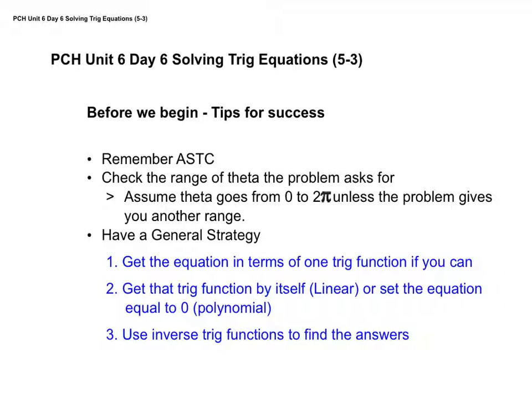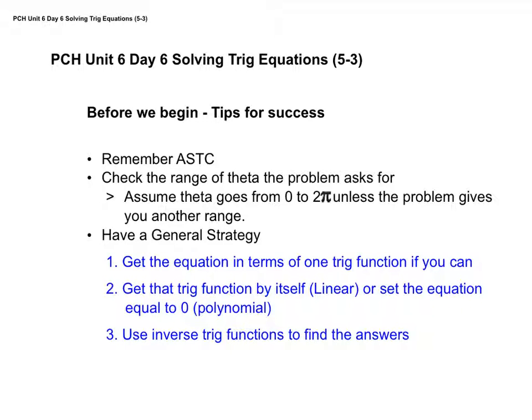The next thing is identifying what kind of equation you're dealing with. Are you dealing with a linear trig equation, or a quadratic, or maybe even another polynomial? That's where you need to incorporate some strategies related to those. If it's a linear one, you're going to get the trig function by itself and then take the inverse trig function.